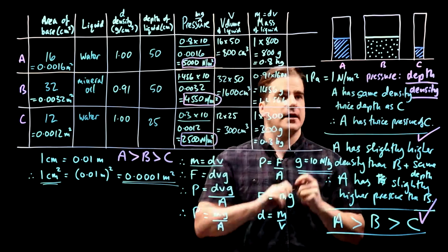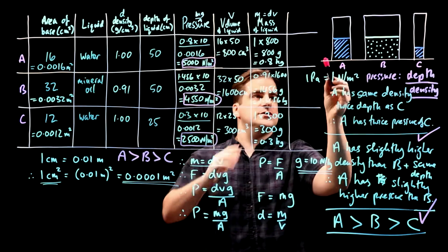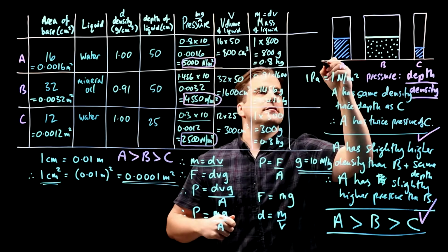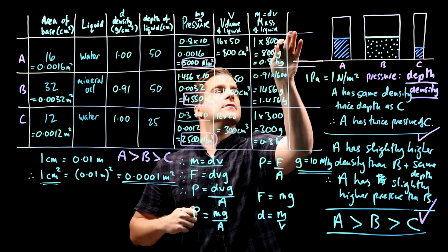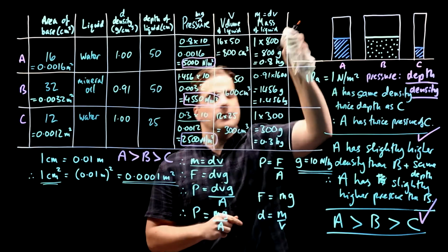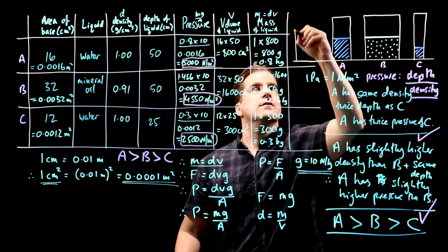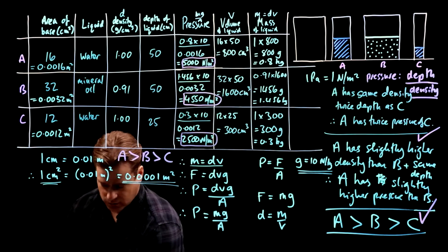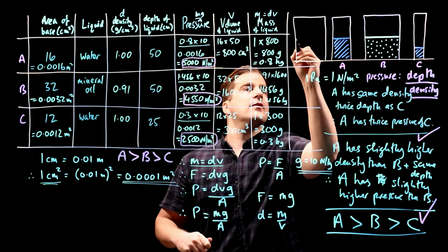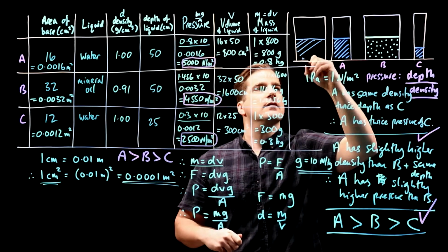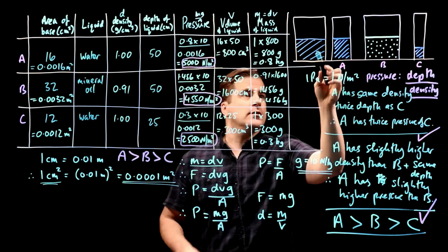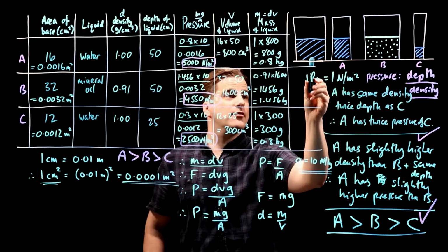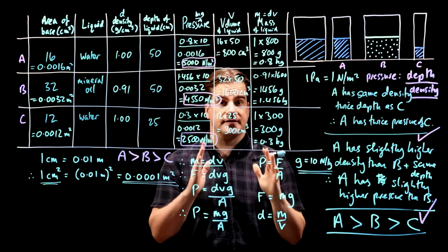If you had another container which was like A, containing water at the same depth as A, so same liquid, so same density, same depth, the pressure in both of these is the same.